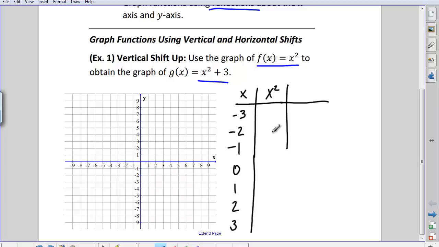We're just doing an input-output table here. If I square those, negative 3 squared is 9, negative 2 squared is 4, negative 1 squared is 1, then 0, 1 squared is 1, 2 squared is 4, 3 squared is 9. These are all points on the graph of f of x equals x squared, and our graph is going to end up looking something like this.